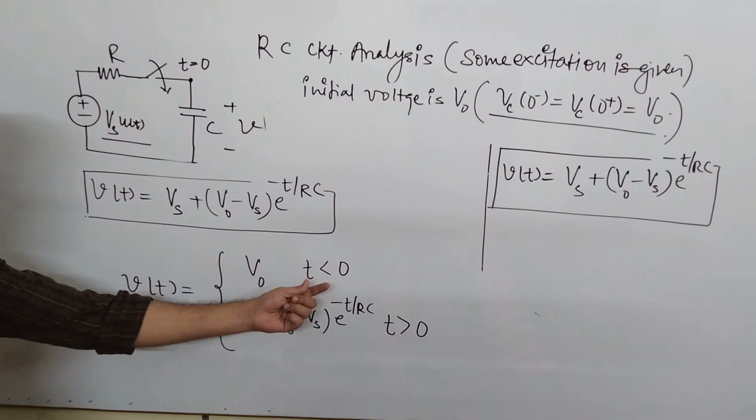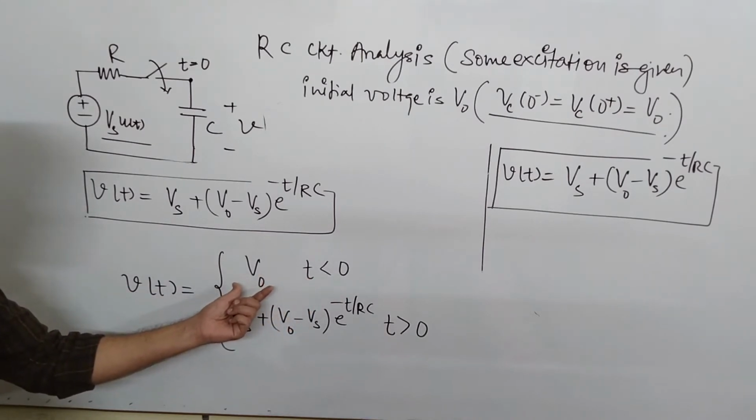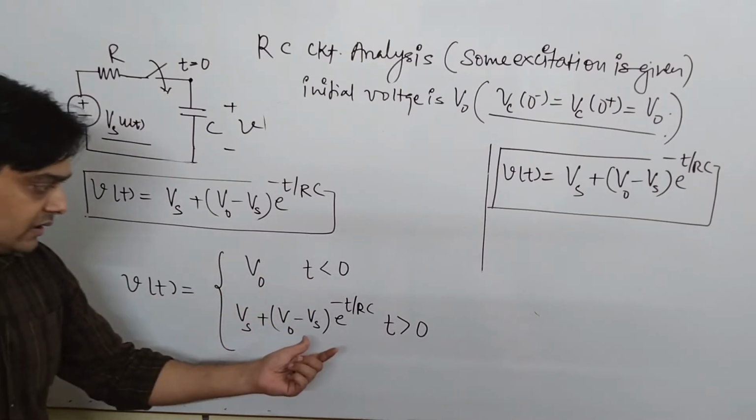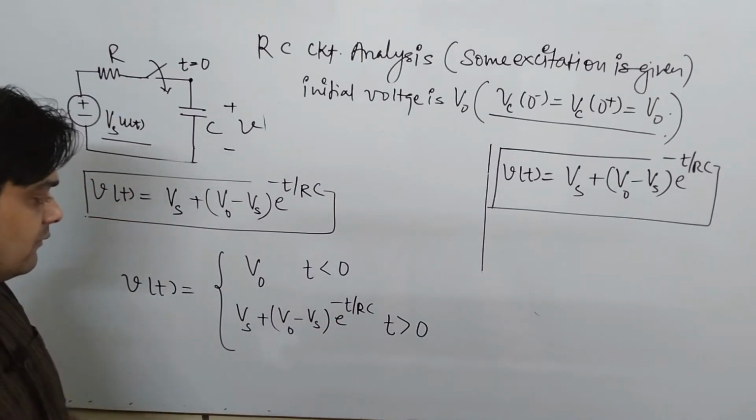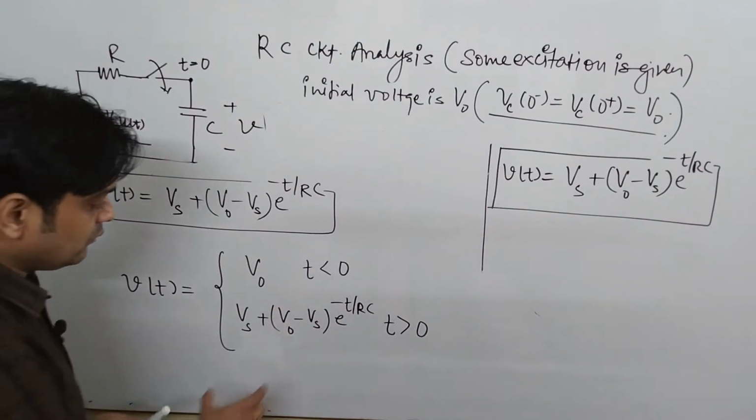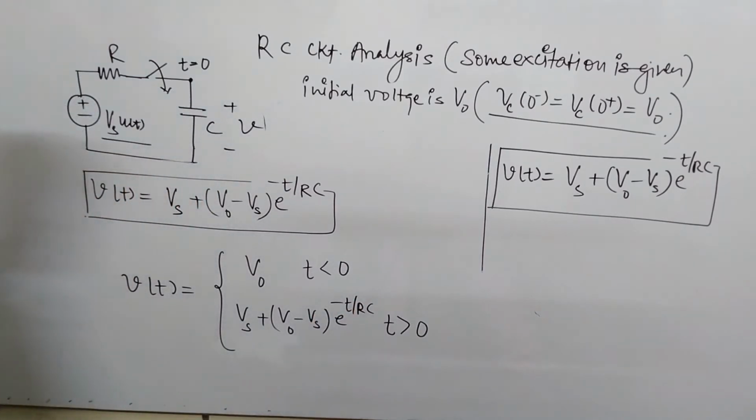So when t was less than 0, it is V naught, the initial voltage. But when the switch is closed, for t greater than 0, the solution comes to be Vs plus (V naught minus Vs) into e to the power minus t by Rc. Very important expression. Now we analyze this expression.